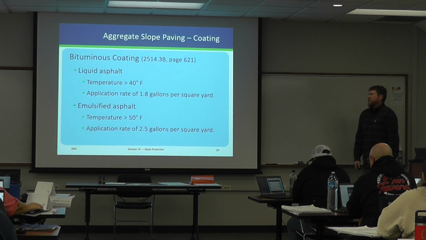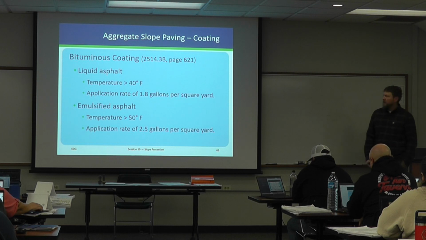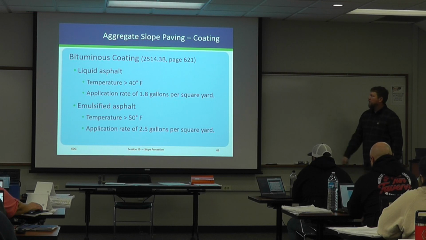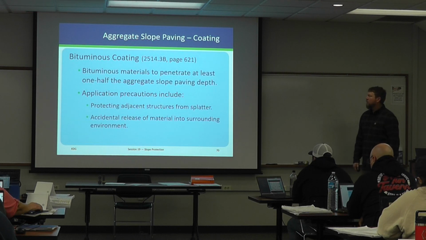Requirements for liquid: it has to be greater than 40, and there's an application rate, which is slightly different for emulsified. I wouldn't expect you to remember that, just be aware that it's in the spec. And then we want the bituminous, when it's placed, to get down half of that thickness. So we want to penetrate 3 inches.